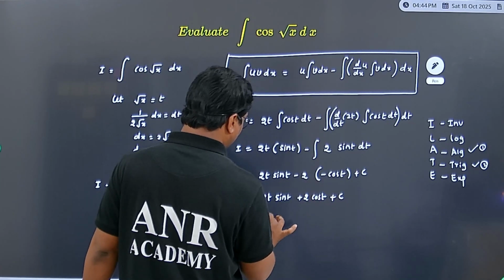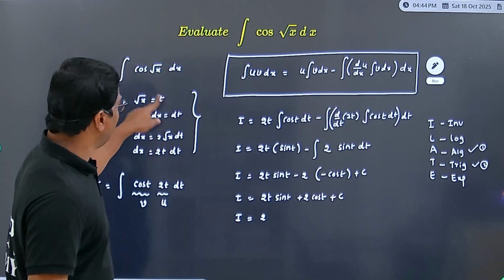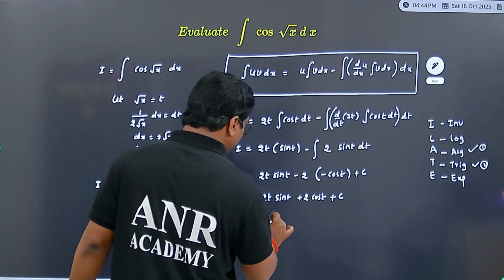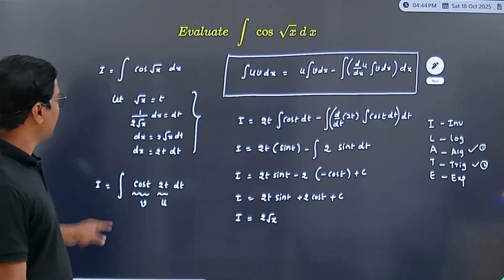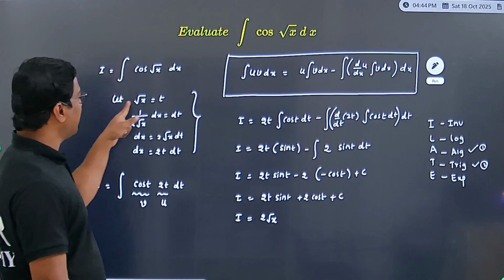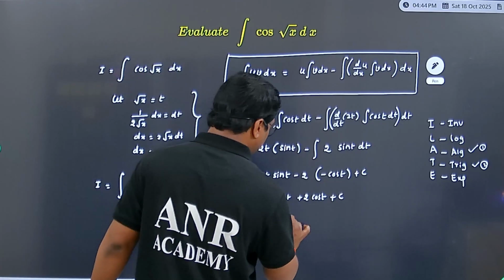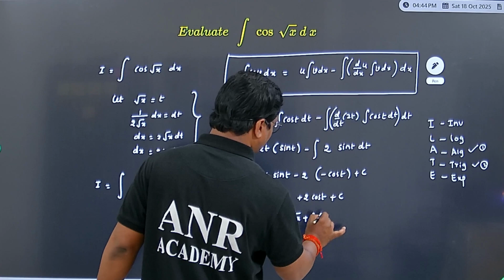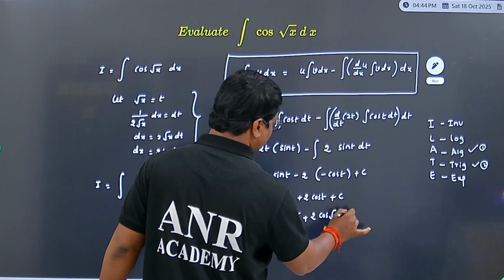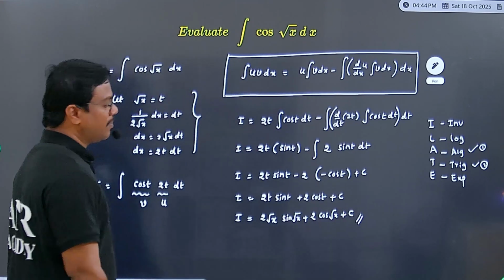Therefore I becomes 2 into, what is the value of t? T is root x. Next sin t, here sin t is sin root x, that's all. Next plus 2 times cos t is cos root x plus c. That is your answer.